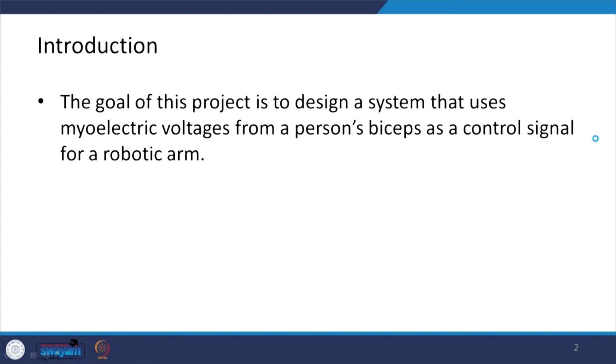So, the goal of this project is basically to design a system that uses myoelectric voltages from a person's bicep as a control signal for a robotic arm.